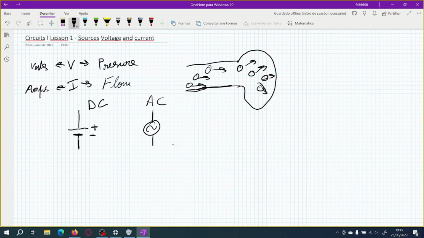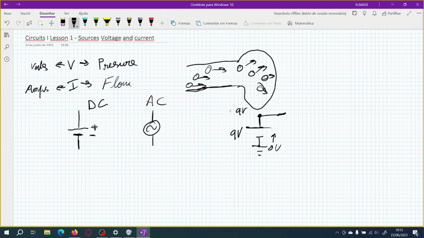So if we have Earth here, and we put a 9-volt battery here, here we will always have 9 volts, because here we have 0 volts, and if we go across the source, we have plus 9 volts. It doesn't matter the resistance that we put here, we will always have 9 volts at this point, of course, if the source is an ideal source.